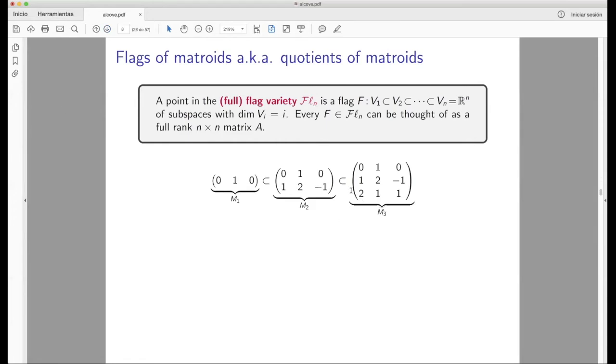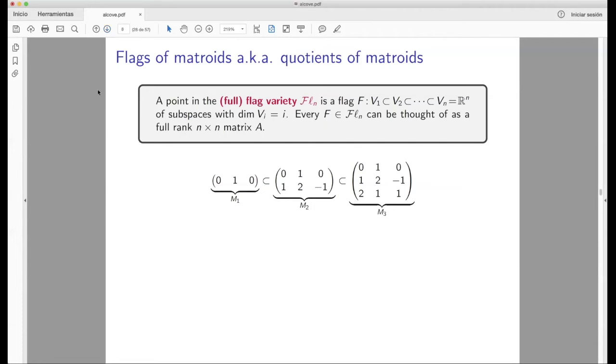So for instance, this 3 by 3 matrix here in the end, or this sequence of matrices, is a point in the full flag variety, but really all the information is condensed in the last matrix. The last matrix is a 3 by 3 full rank matrix, and the first i rows tell you precisely what is the i-dimensional vector space that composes your point in the flag variety.